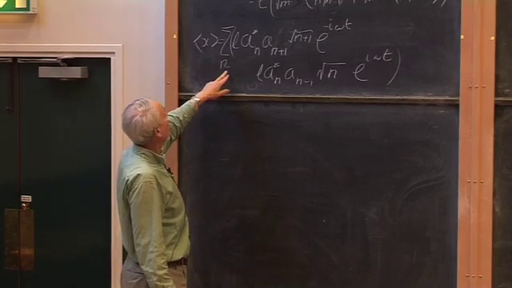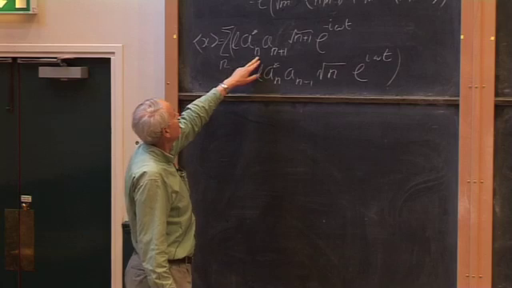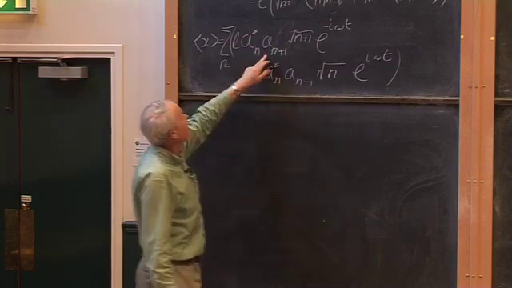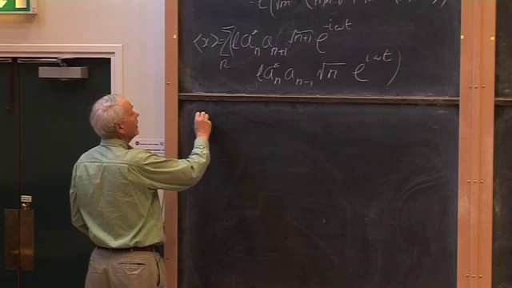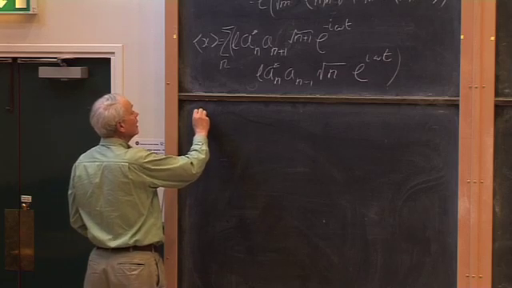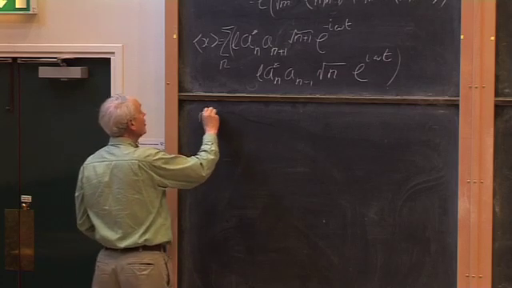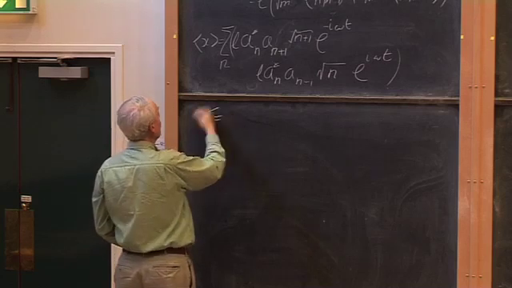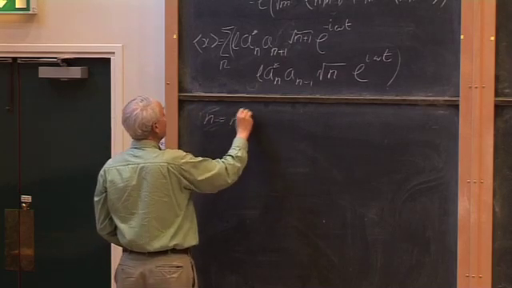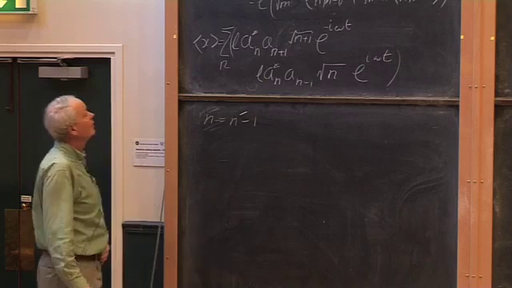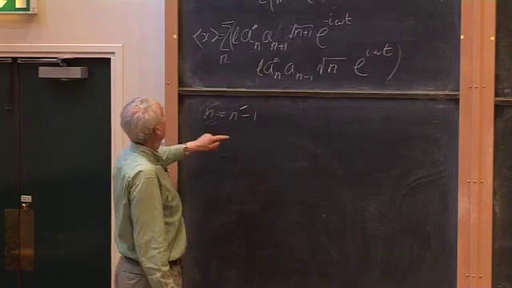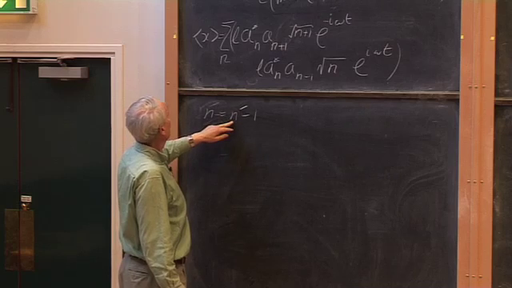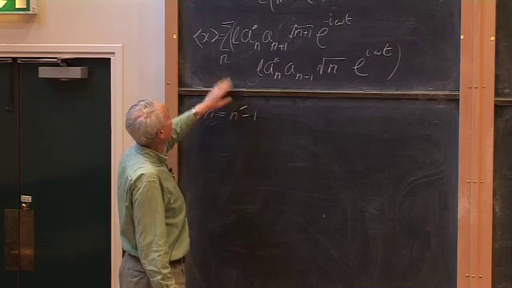Why don't we declare that these are two separate sums, and in this sum, I can introduce a new notation. I can say that n primed is equal to, n is equal to n primed minus 1 in this sum here. And then sum over n primed.